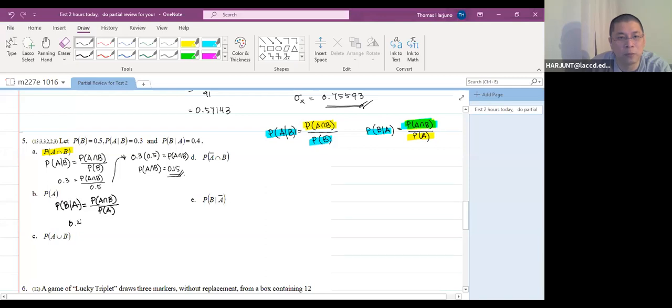This is 0.4 equals 0.15 over probability of A. So 0.4 times probability of A equals 0.15. Therefore, probability of A is 0.15 over 0.4, which, using your calculator, I believe is 0.375.